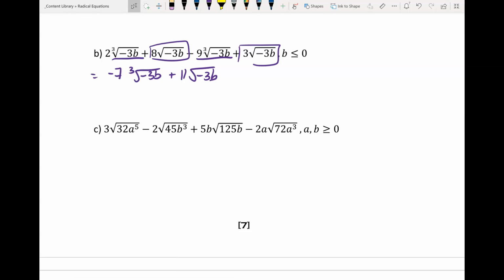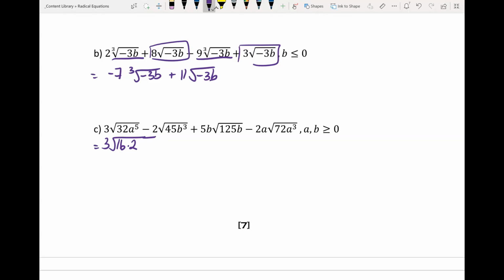Our last one here. So all of our radicands are different right now, so we do need to simplify this and rewrite this all into simplified mixed radicals. I'm going to rewrite 32 as 16 times 2 because I can take the square root of 16.